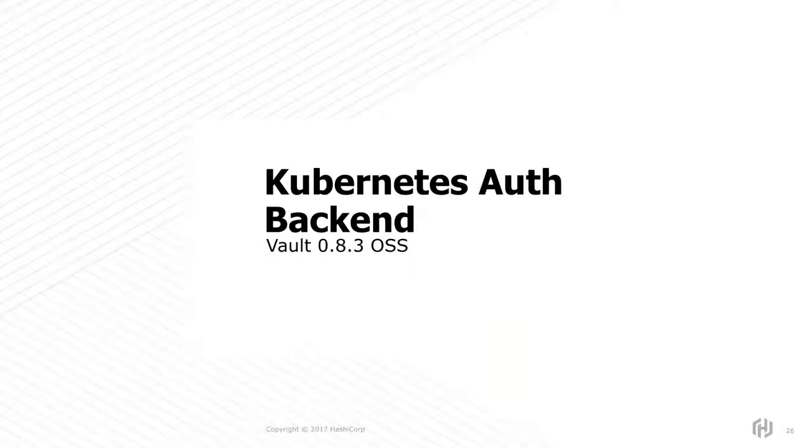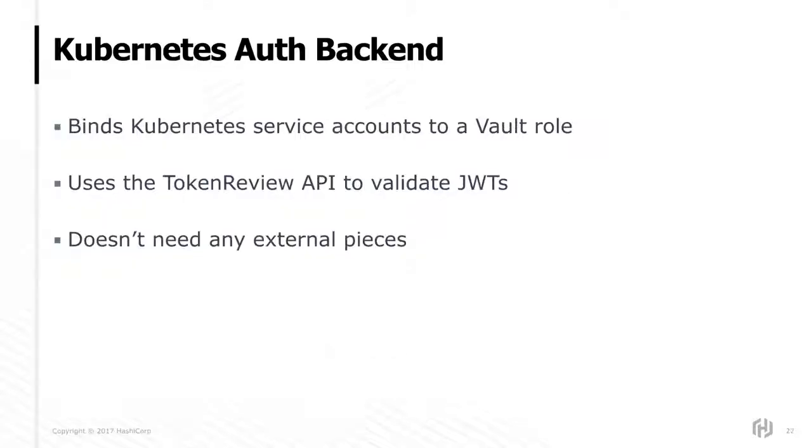Next I want to talk about the Kubernetes auth backend, and this is what I'll be talking about the rest of the talk. This authentication backend came in Vault 0.8.3, which was our last release, and it's in the open source version. The Kubernetes auth backend works by binding Kubernetes service accounts to a Vault role. Kubernetes service accounts are an internal thing within Kubernetes.